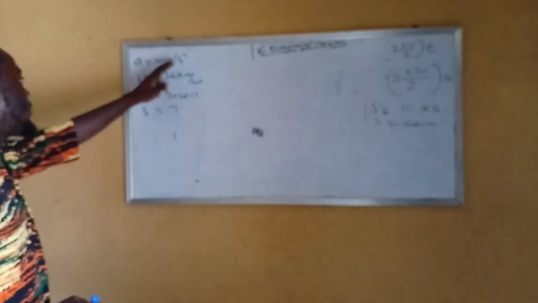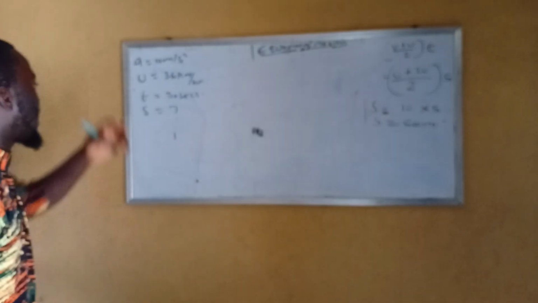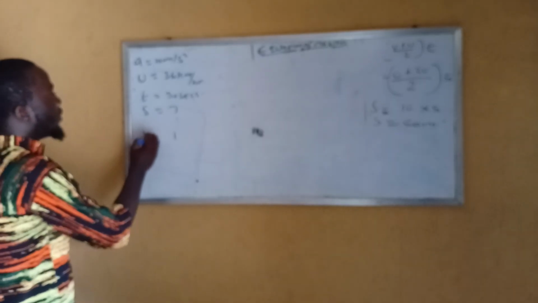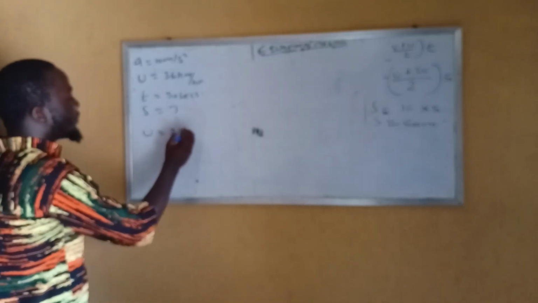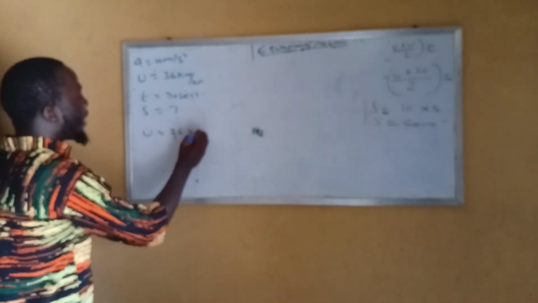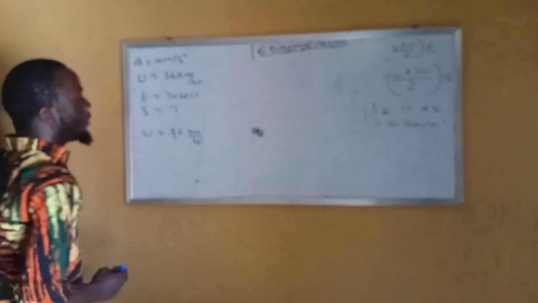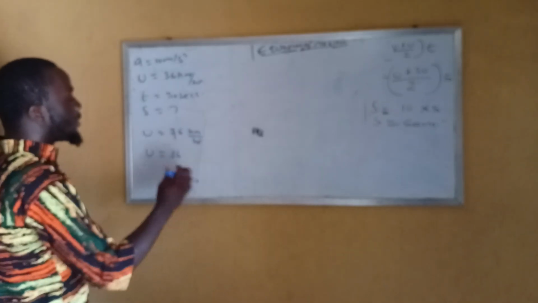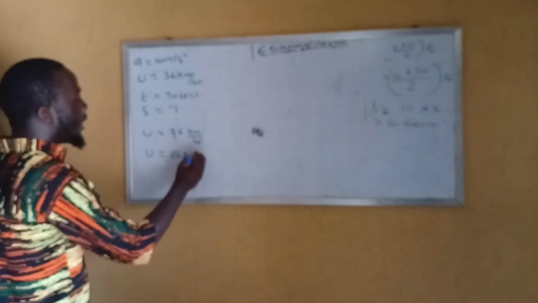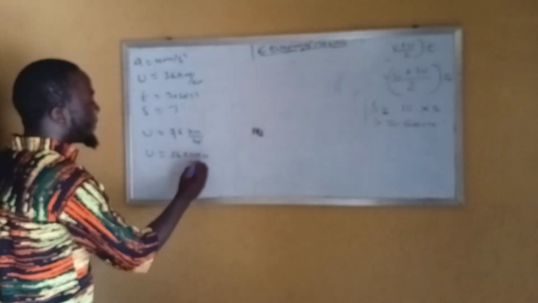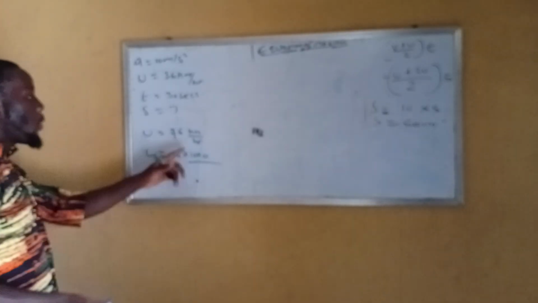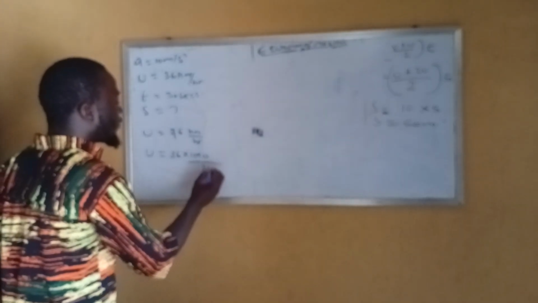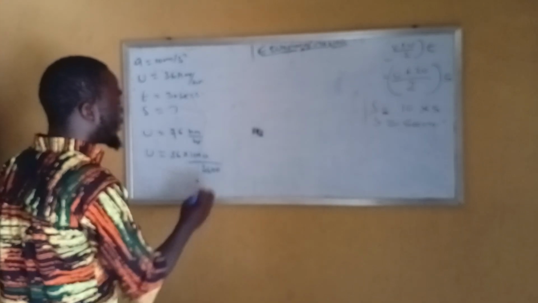So this one is in its unit, and this one is also in its own, so let's convert 36 kilometer per hour to meter per second. So we have U is equal to 36 kilometer per hour. Kilometer to meter is multiplied by 1000, over hour to seconds, which is 60 times 60, which is 3600 seconds.